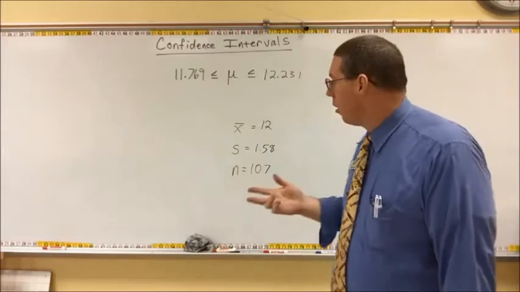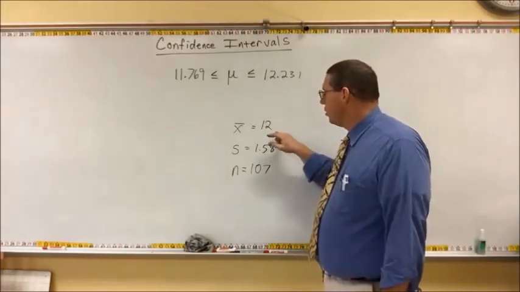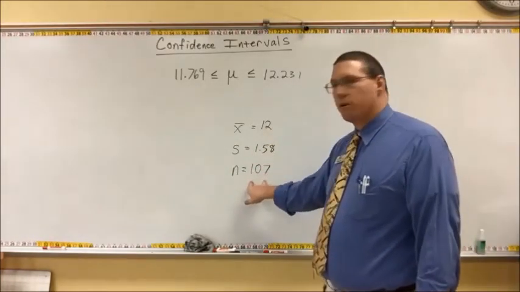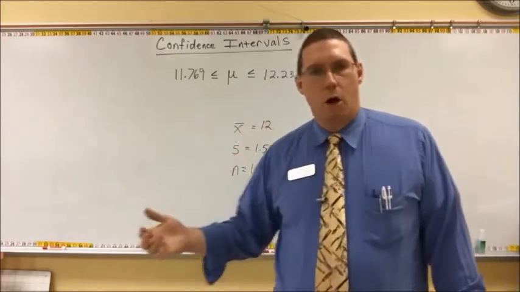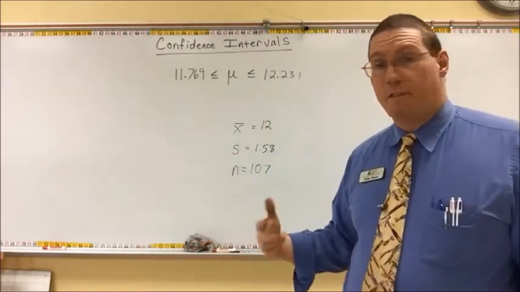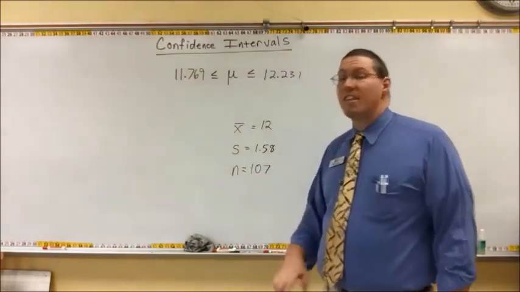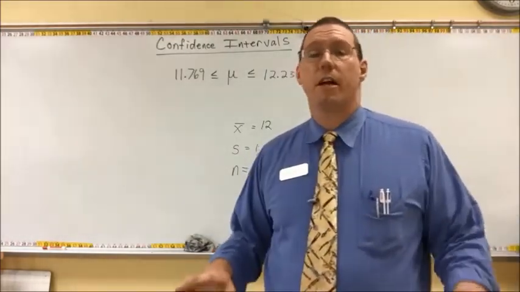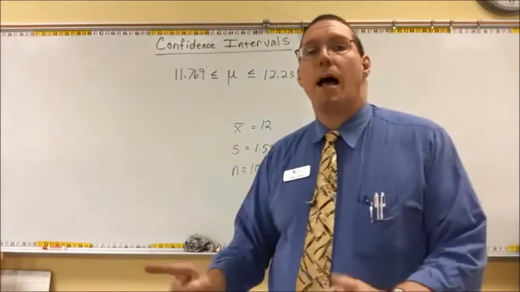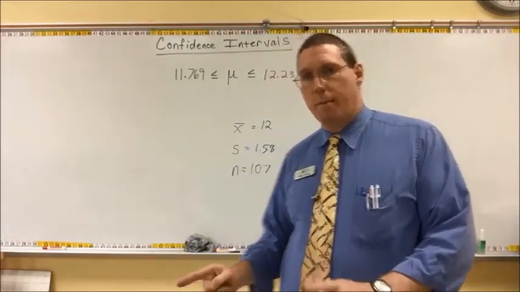Okay, we know that there are lots of different samples that we could take with a sample size of 107, depending on how large the population is. If the population is like 5,000 and our sample size is 107, this is a lot. It's a very, very large number of possible samples. Okay?